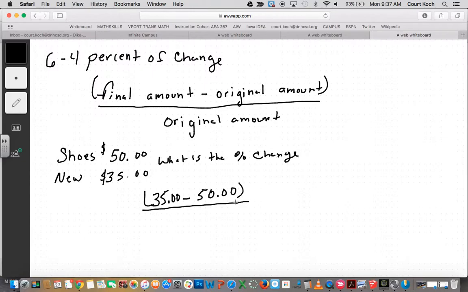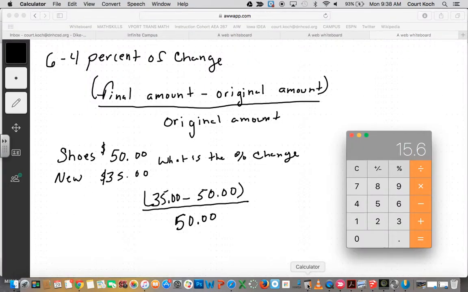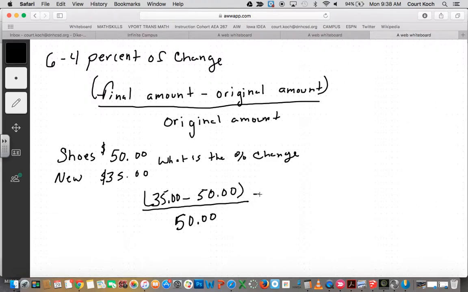I'm going to do that first, put that in parentheses, then divide by the original price, which was $50. $35 minus 50. I know that's going to give me a negative number, and that's okay. So that gives me negative 15 all over 50.